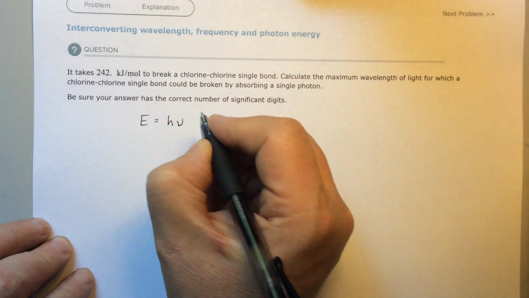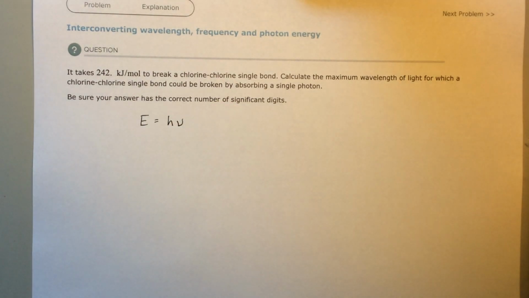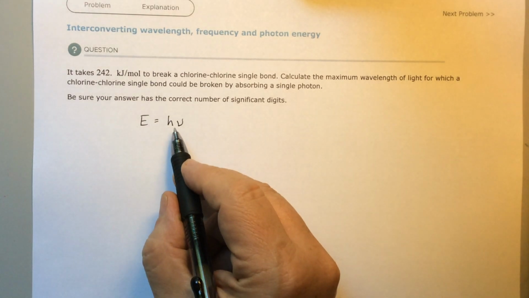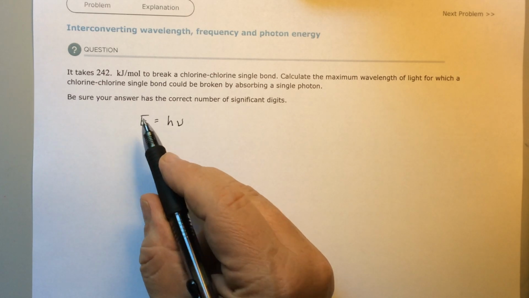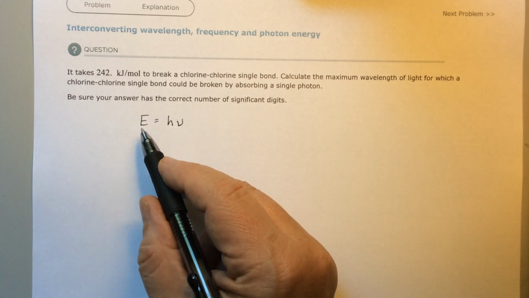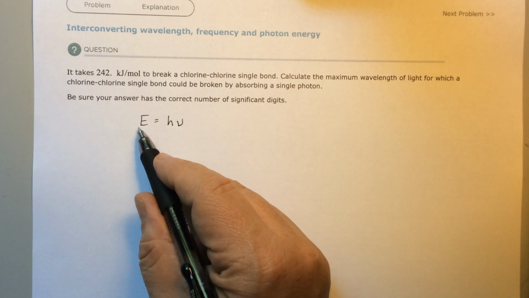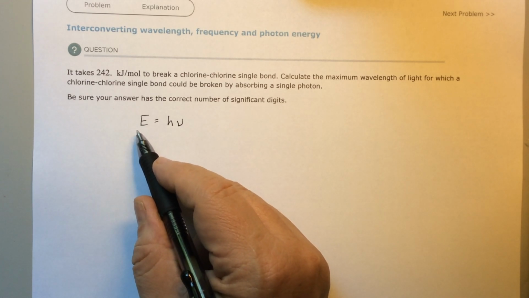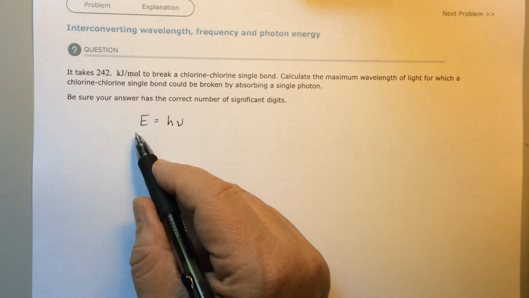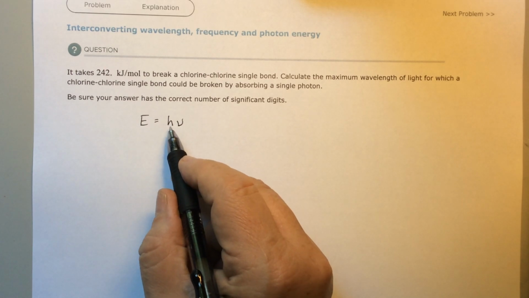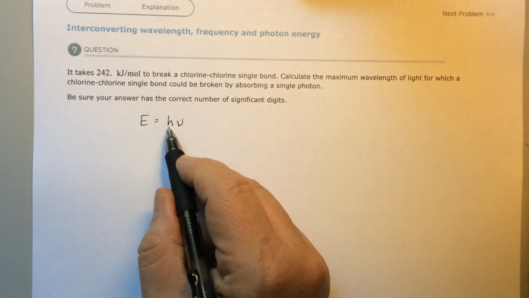At the early part of the 20th century, they were studying light, and Einstein did a lot of his work, and realized that light is quantized into a photon of energy, a little bucket or a little particle of light, and the number that makes that work is called Planck's constant.